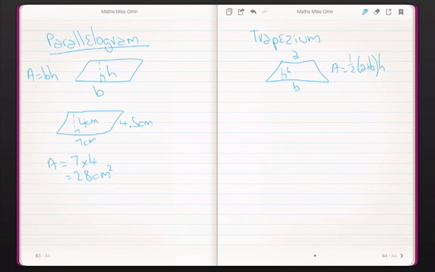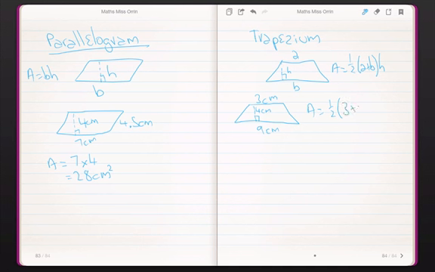So you first need to work out this little bit in here. So as an example, let's say, so what are we going to say? Let's call this 4 centimeters, let's call this 3 centimeters, and let's call this 9 centimeters, okay? So the area is half A plus B, which is the top and the bottom.